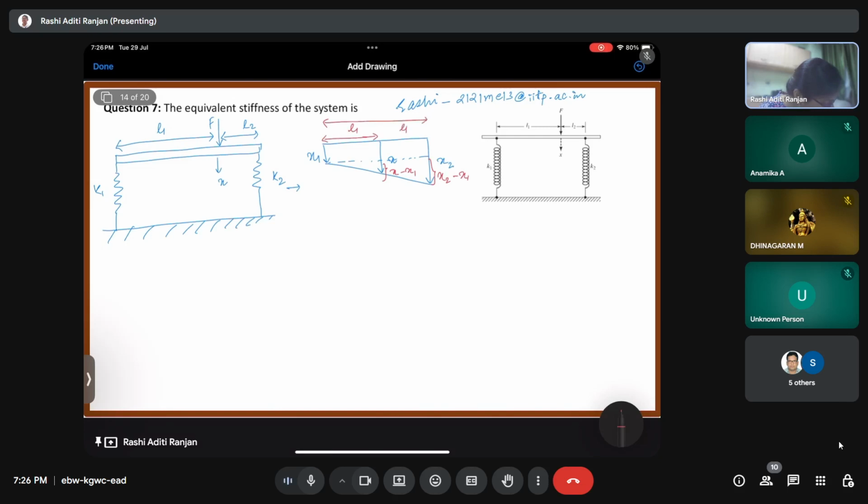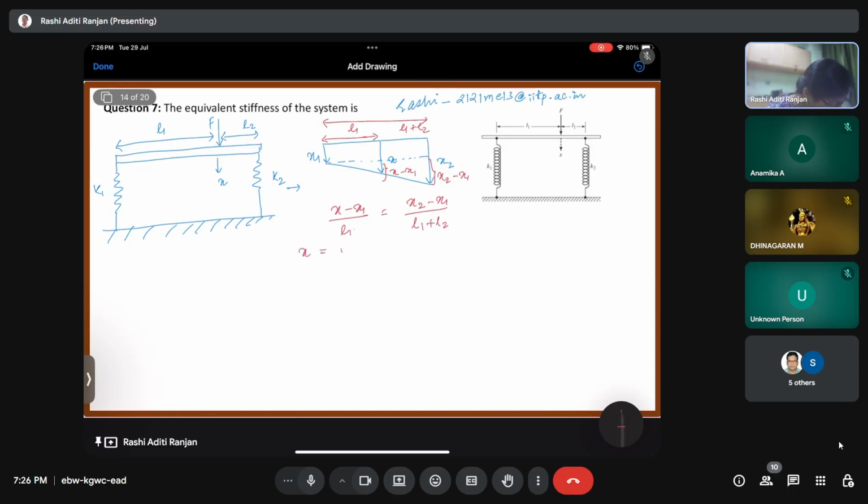This is L1 plus L2. So we have (x minus x1) by (L1 plus L2) is equal to (x2 minus x1) by, okay, this is L1 only. This is the relation that we are going to get.